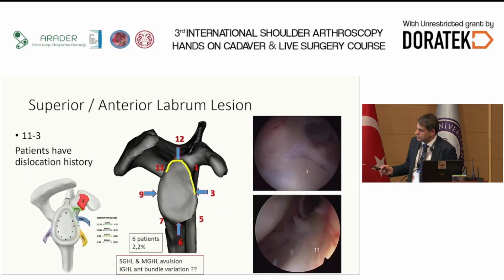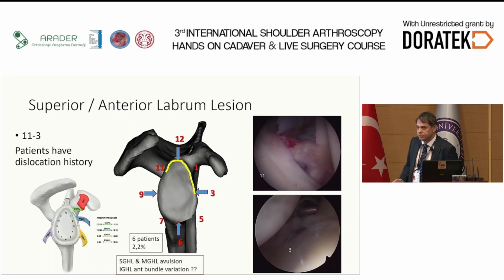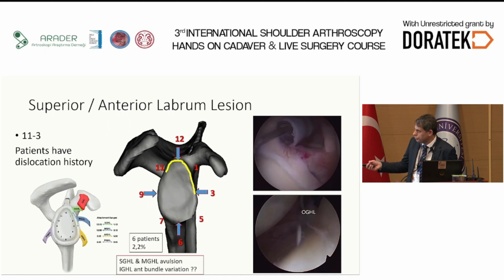In some cases, we see that it goes from 11 o'clock to 3 o'clock, and these cases have real dislocations. But we know that with labrum lesions above the equator, above 3 o'clock, we don't see any instability. But in these cases, you can see that there's an avulsion of the SLAP and it continues to the 3 o'clock position.